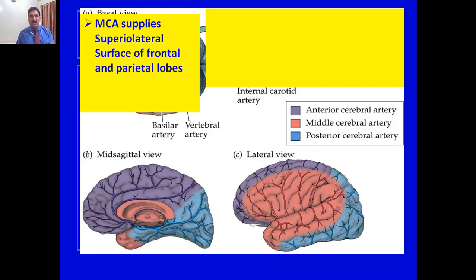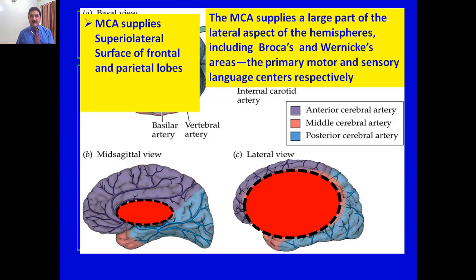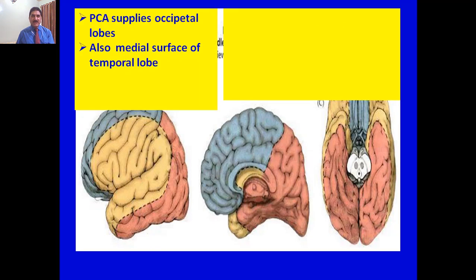Middle cerebral artery supplies superolateral surface of the frontal and parietal lobes. Middle cerebral artery also supplies large part of the lateral aspect of the cerebral hemisphere, including Broca's and Wernicke's areas, the primary motor and sensory language centers respectively. Posterior cerebral artery supplies occipital lobes.